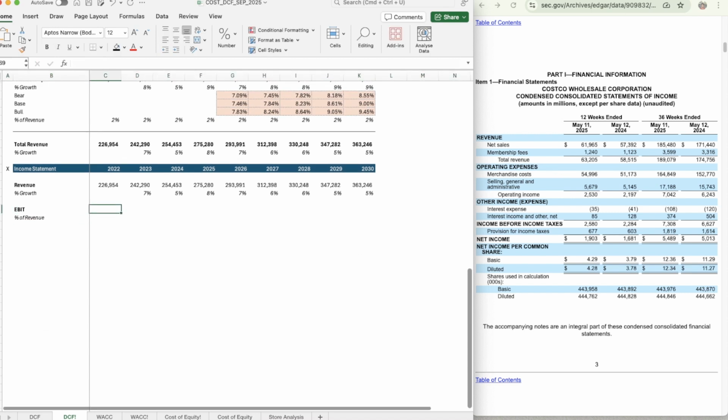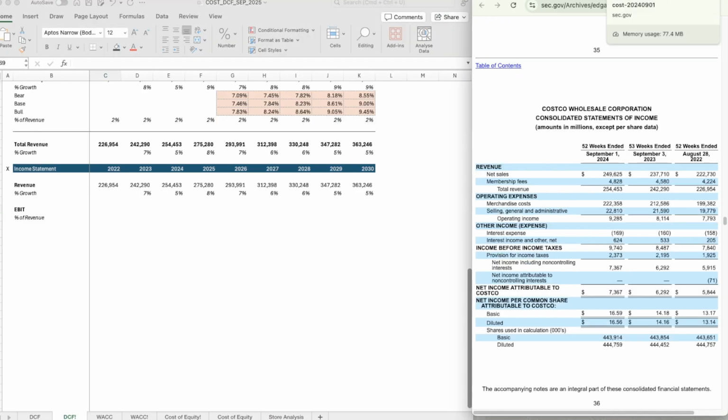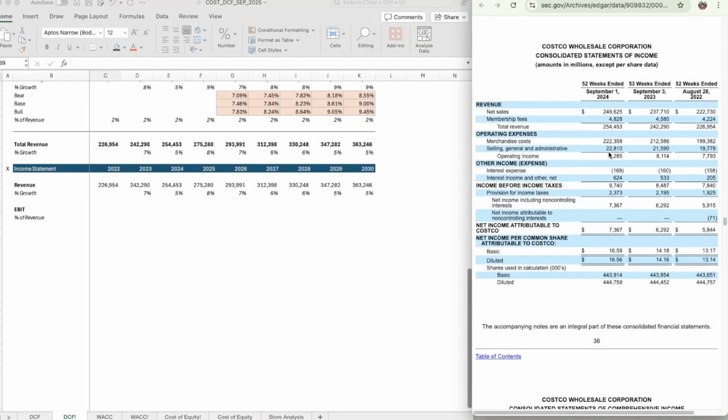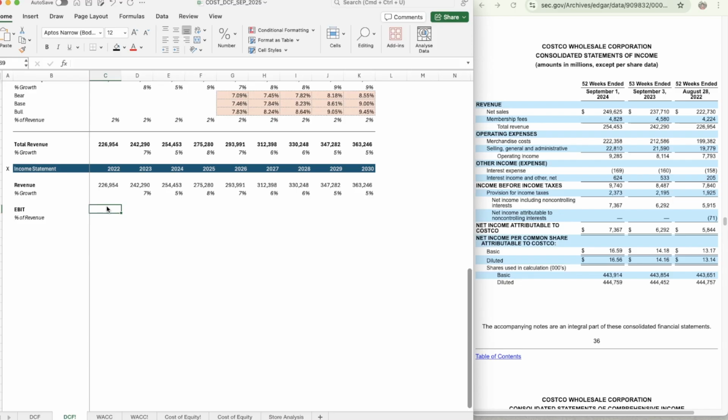Okay, so that's 2020. What is this one? Yeah. So this is what we want, the operating income here for 2022, for 2023, and 2024. 7793 for 2022. I mean, look at this.